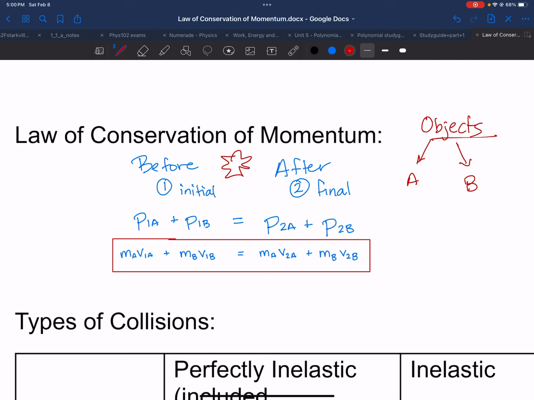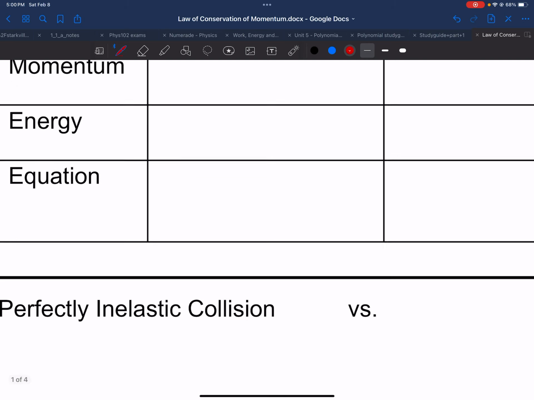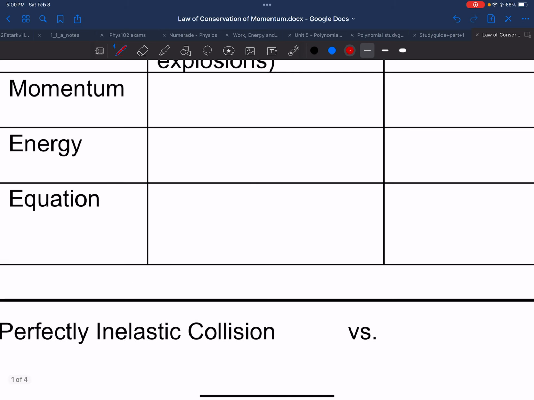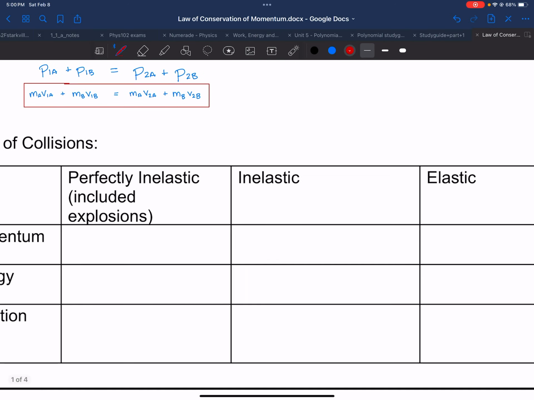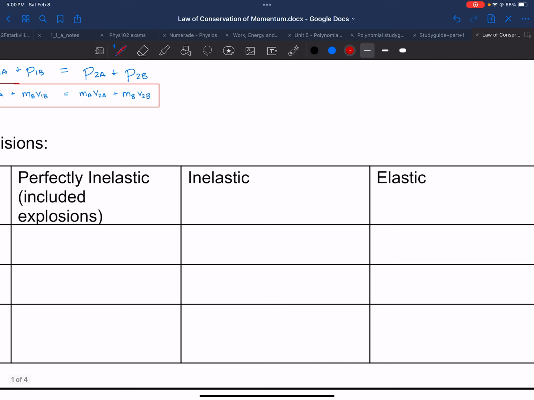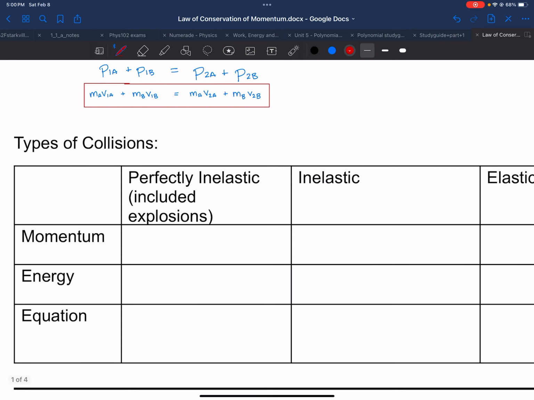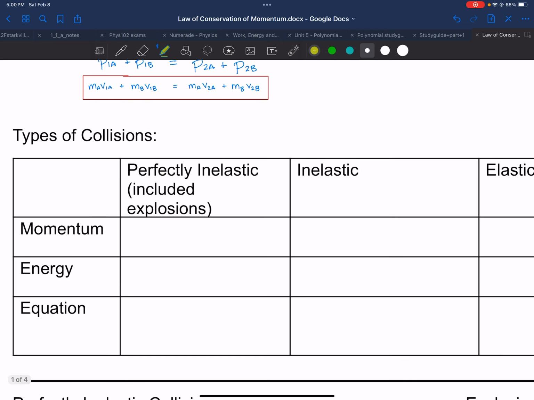Now, before we get into our perfectly inelastic collisions, we're going to look very quickly, in kind of a 50,000 foot view, at the 3 types of collisions that we might have. So the one that we're taking over today is going to be the perfectly inelastic.